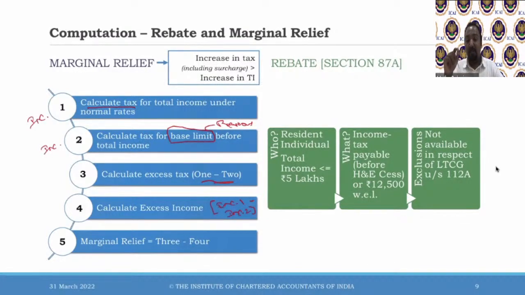In our example with 51 lakhs, 51 minus 50 lakh is 1 lakh. So the marginal relief will be 3 minus 4. If it is greater than 0, that can be claimed as your marginal relief. We'll see this in a small example.